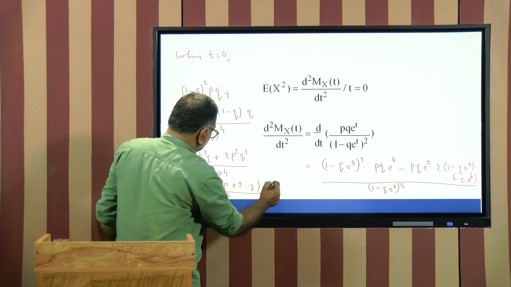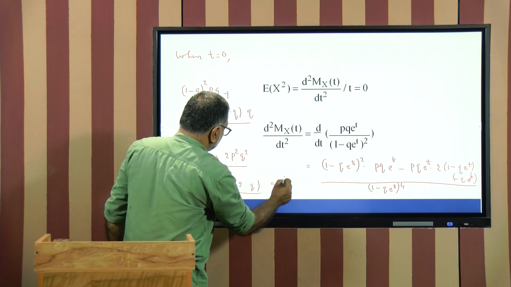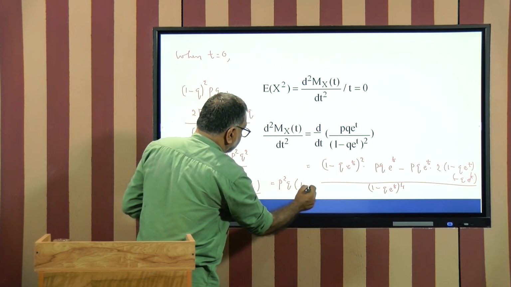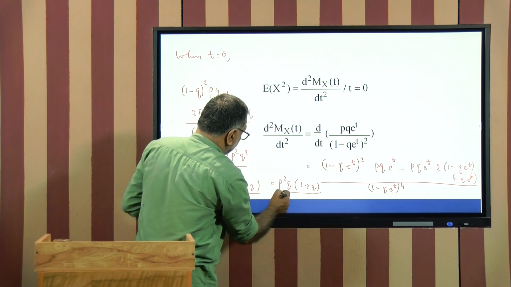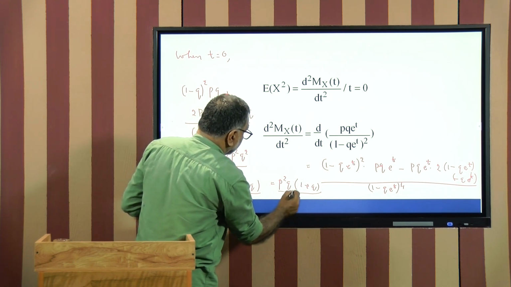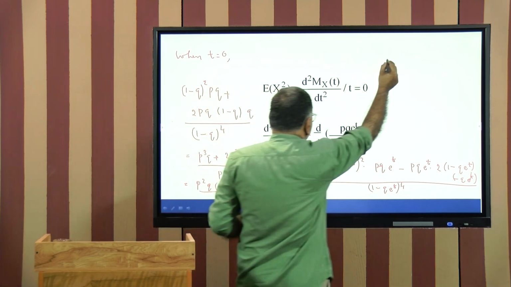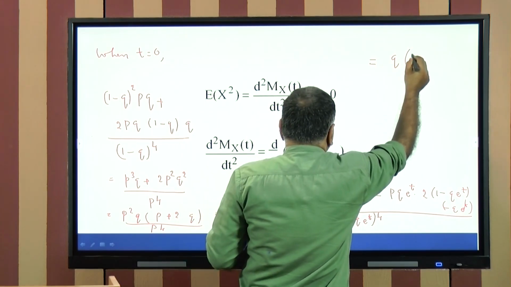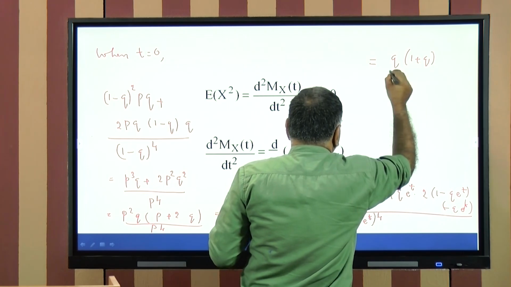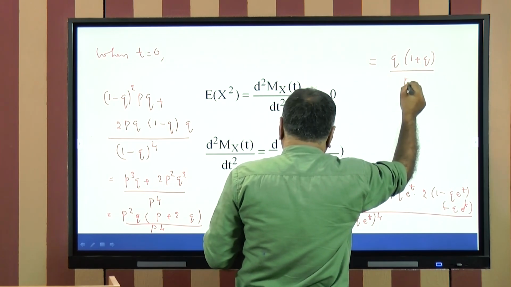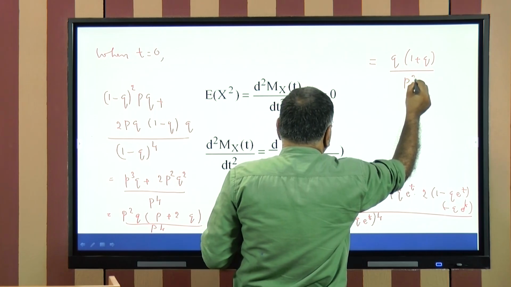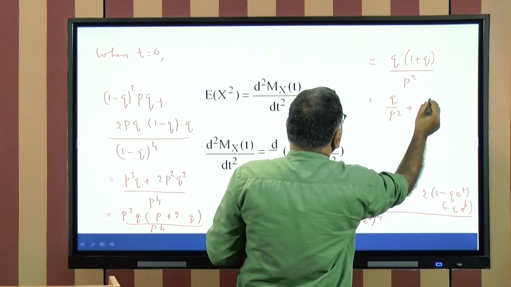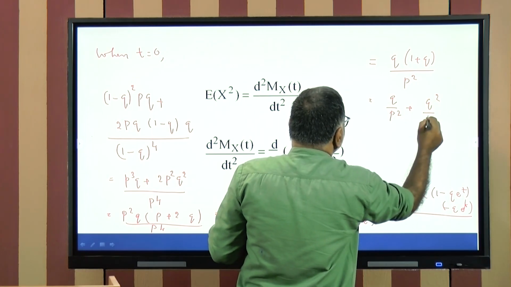Again this is equal to p square q into (p plus 2q), which can be written as (p plus q) divided by p power 4, or that is equal to q into (1 plus q) divided by p square, or q divided by p square plus q square divided by p square.